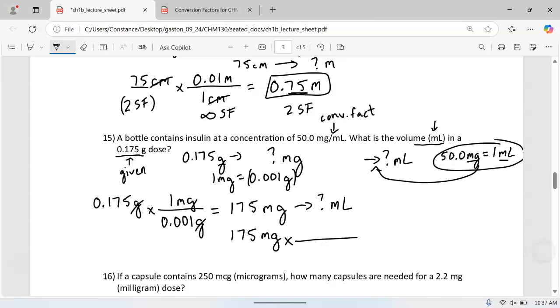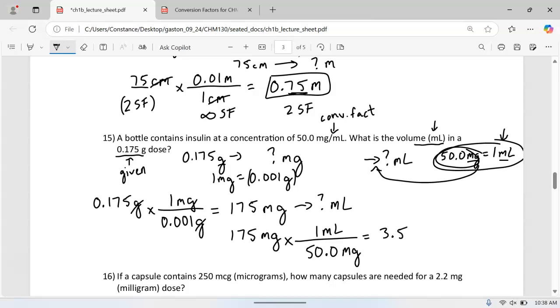So milligrams has to go on the bottom. That means that 50.0 milligrams from my equality, and then the 1 milliliter here goes on top. Okay, so in my calculator, I'm going to multiply 175 times 1 and then divide by 50. And if I do that, I should get back in my calculator 3.5.